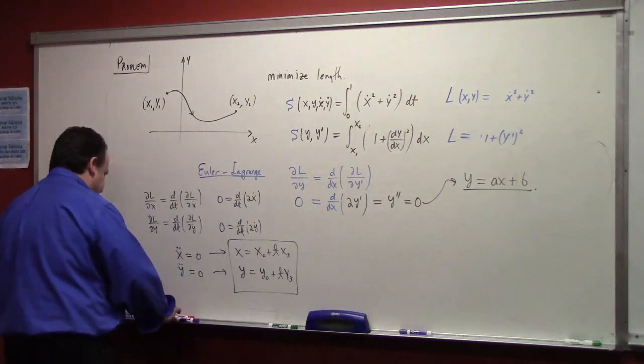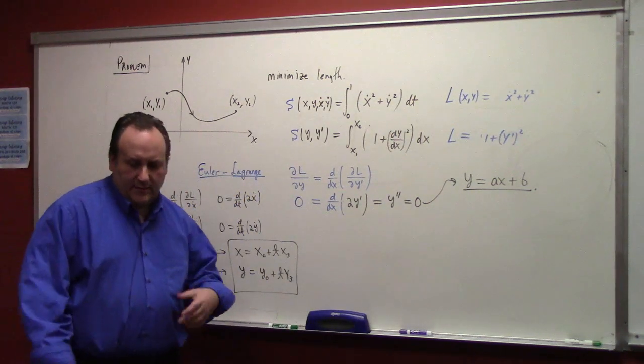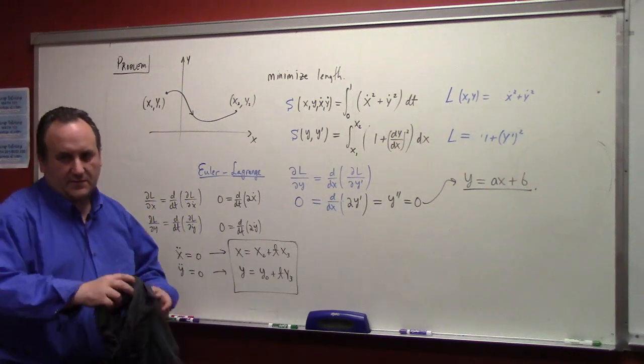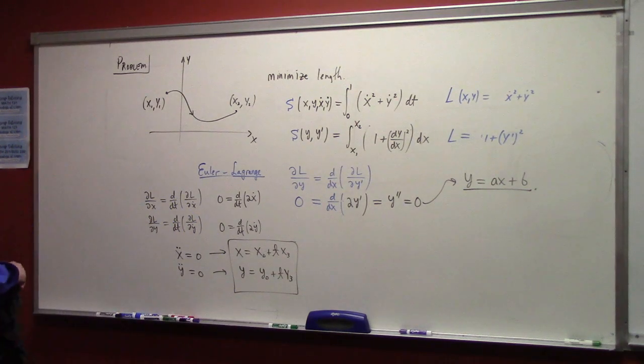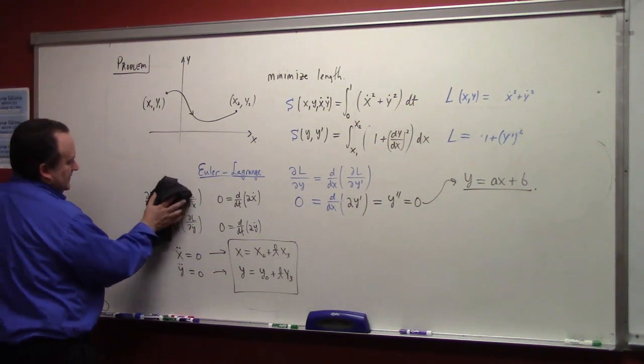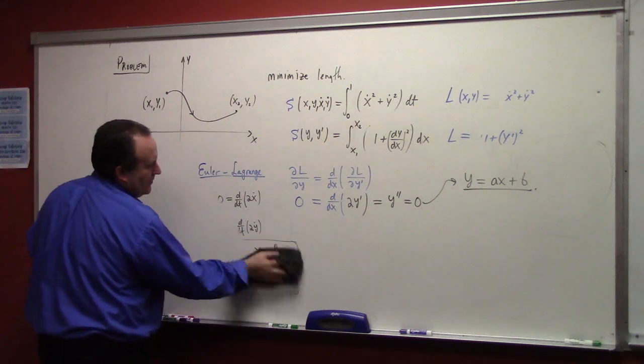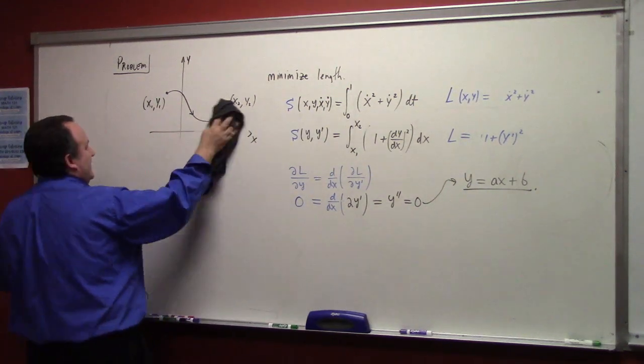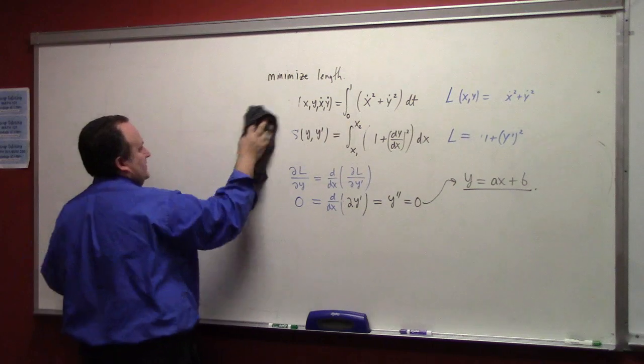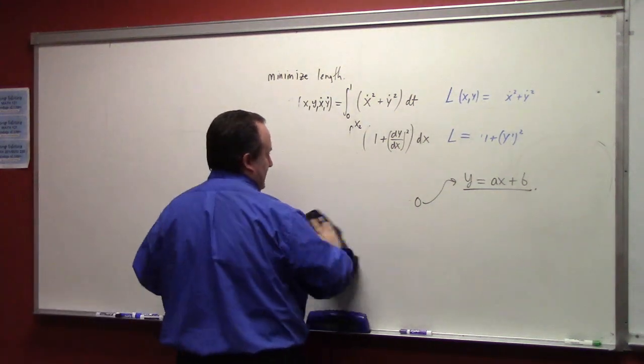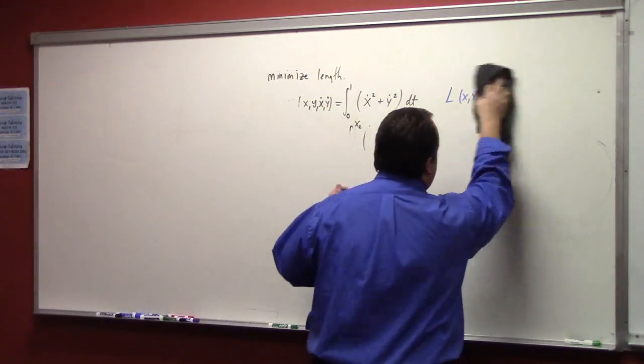In short, you could take a whole class on variational calculus. Variational calculus has been with us since the dawn of calculus, but yet it's kind of fallen out of the main calculus sequence these days, right?